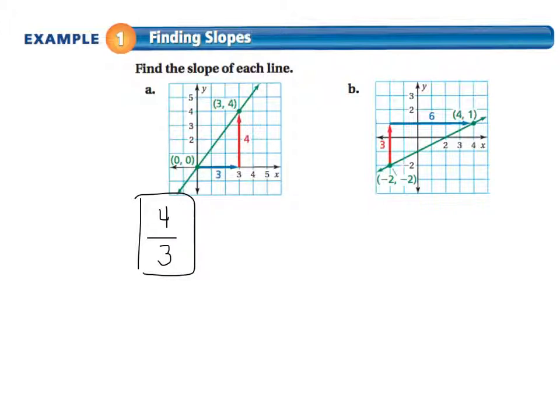I go up first and then over, or down and over. So up 3 would be your vertical change. Right 6 is your horizontal change. That would be 3/6, but we need to simplify that. And that would give me 1/2. Notice that the slopes in A and B are both positive, and your lines are going uphill. That is something to take note of later on.